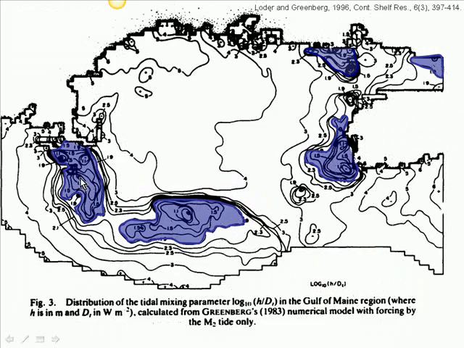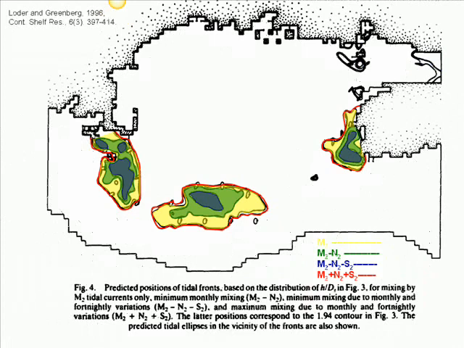But this can change, obviously, from spring tides to neap tides. And that's what they did in this study, again, this numerical study. And you can see that the yellow area is almost the same as the red, it's only the semi-diurnal current.